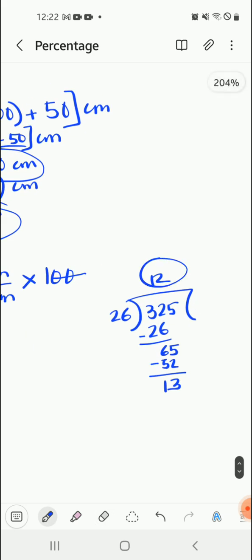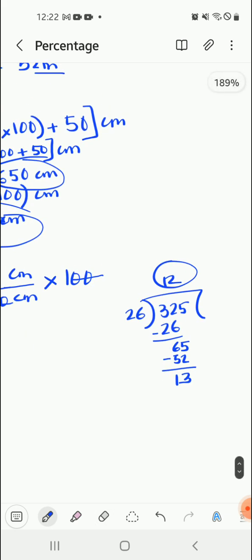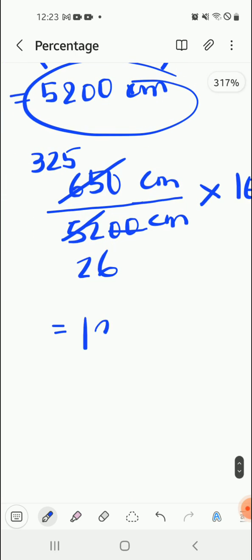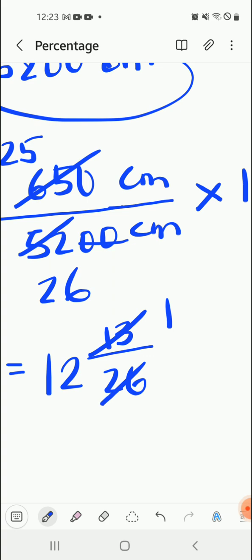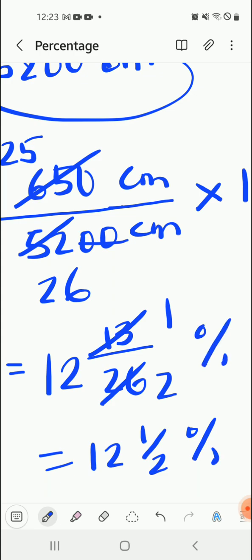So this is the quotient and this is the remaining part: 12, 13 by 26. If we cancel 13, 13 divided by 13 is 1 and 26 divided by 13 is 2. So this comes to 12.5% simply.